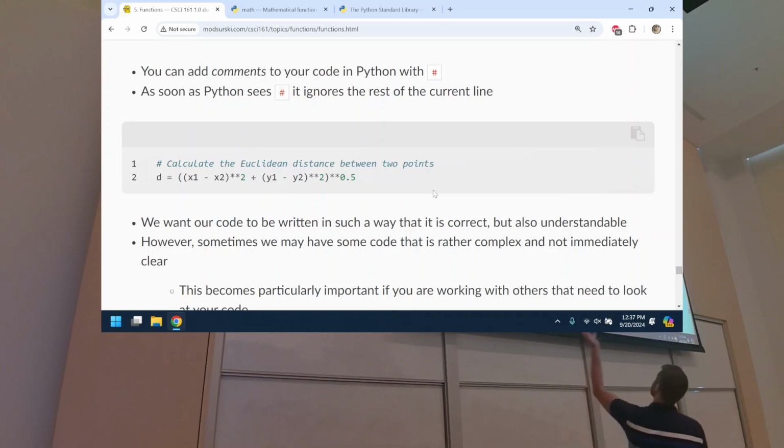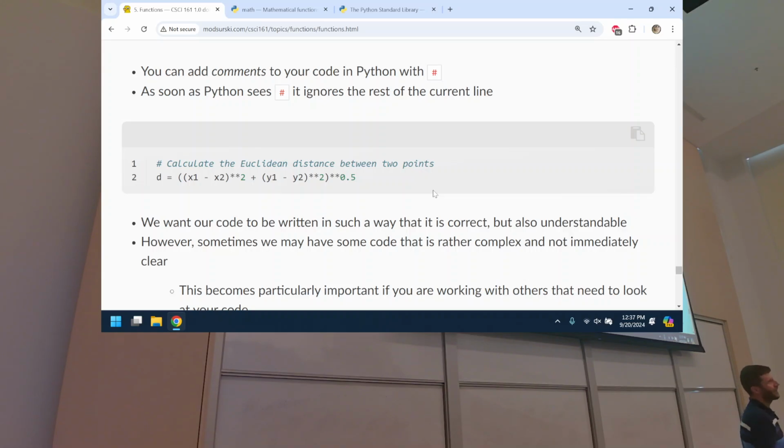Here's an example, right? A lot of people in here might look at that and say, well, that's the Euclidean distance between two things. Take the difference of the x's, square it. Take the difference of the y's, square it. Take their sum and get the square root of it, or power of a half, whatever. A lot of people might look at that and say, okay, that's Euclidean distance.